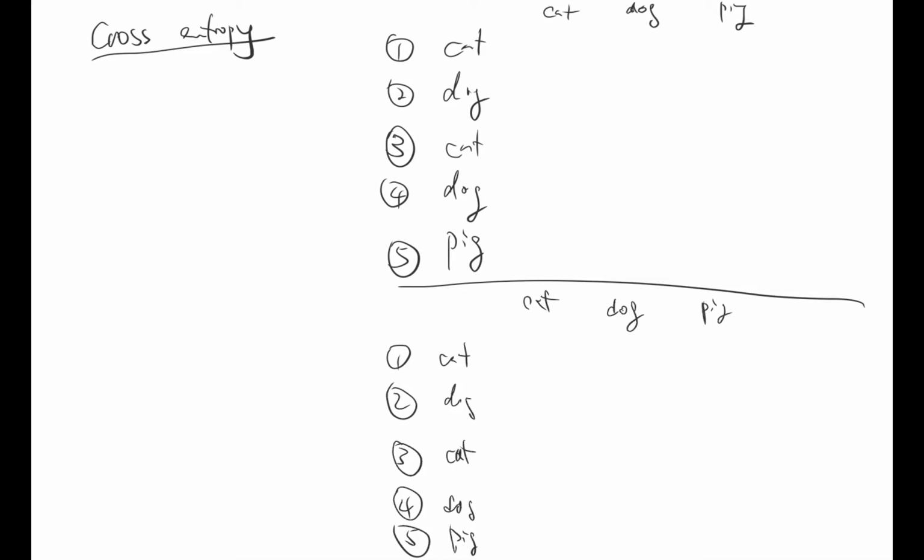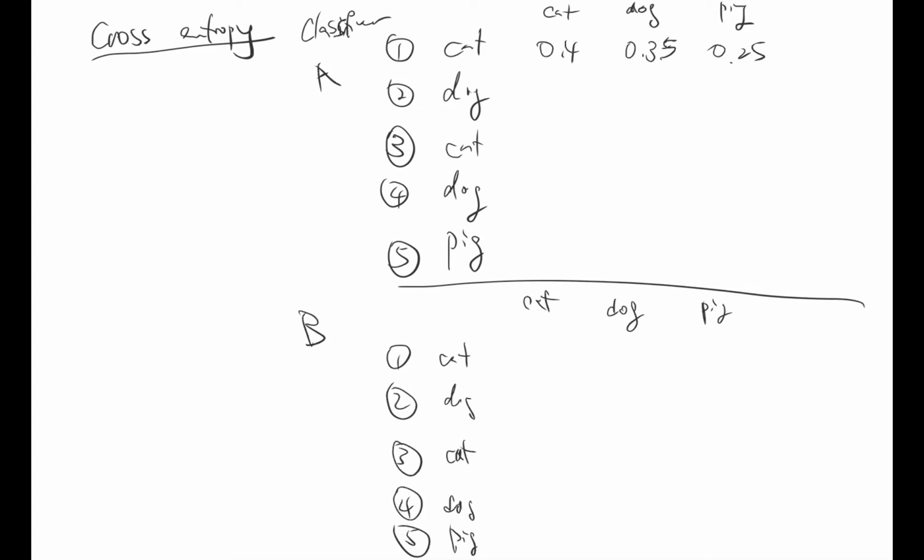This is classifier 1, and this is classifier 2, or maybe I call it classifier A and classifier B. Let's say for this one, I have a cat score of 0.4, then 0.35, and okay, I need to make sure it adds up to 1, so 0.25.